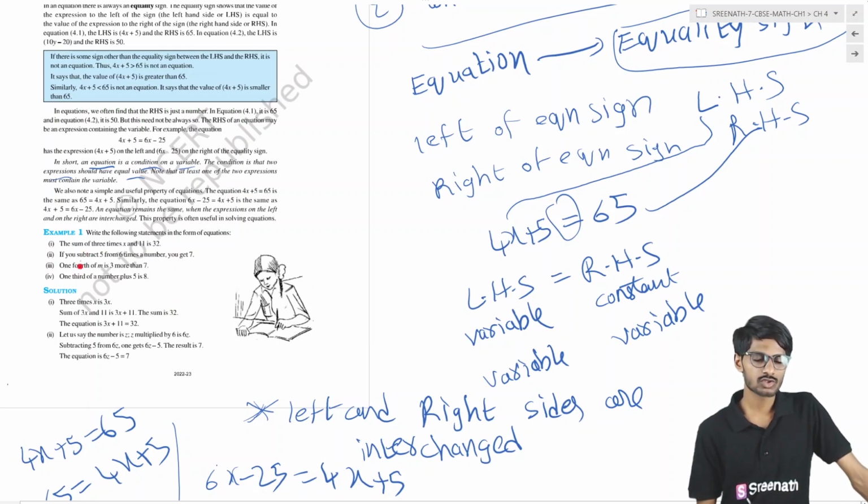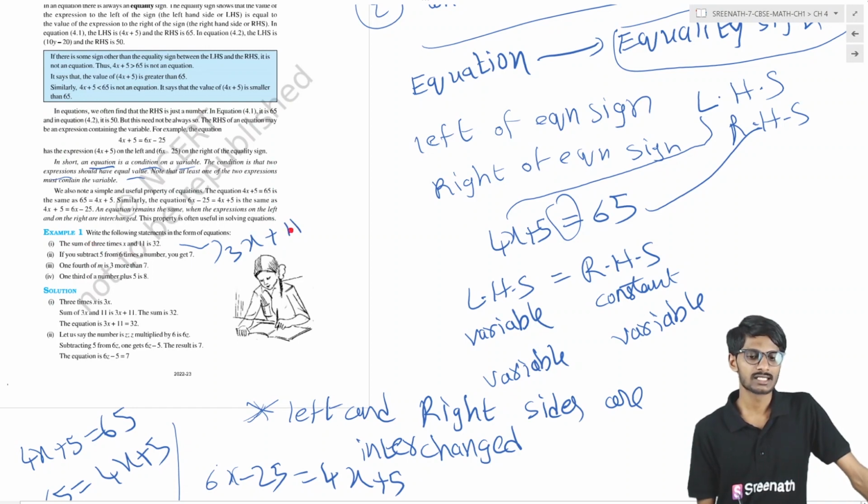So now what we have to do? We have to write the equation for the given questions. The sum of 3 times x and 11 is 32. So we have to write the answer for it. Sum of 3 times x and 11.